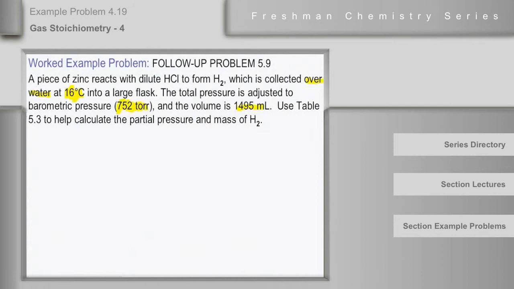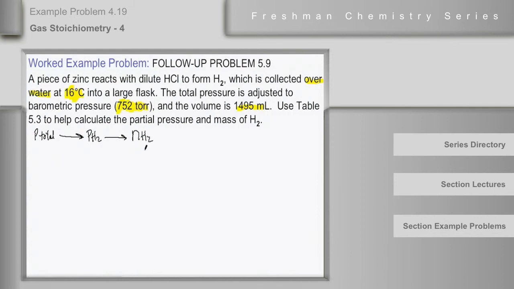Okay, the strategy here will be to start from the total pressure and, using the partial pressure of water vapor at 16 degrees, calculate the pressure of H2. Then from the pressure of H2 we could get the number of moles of H2.